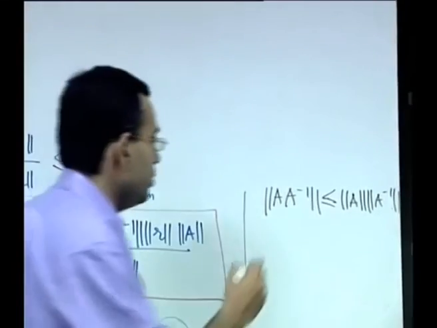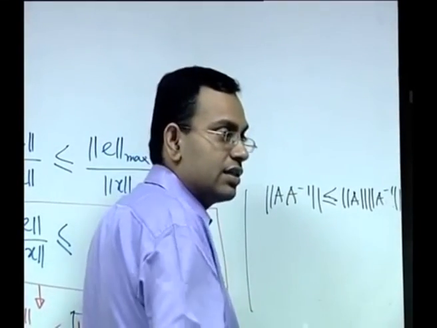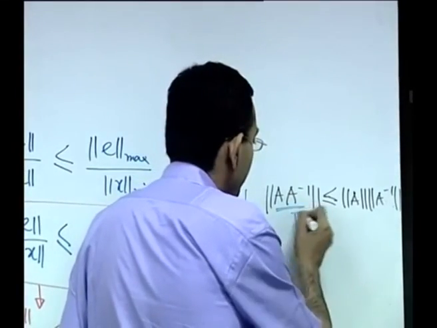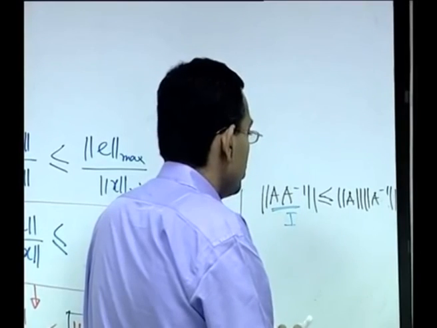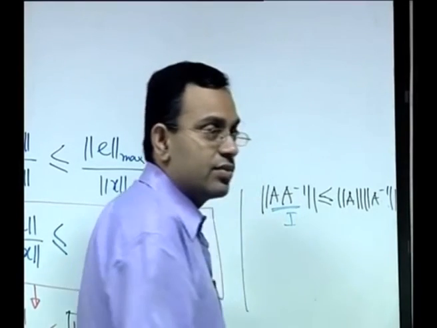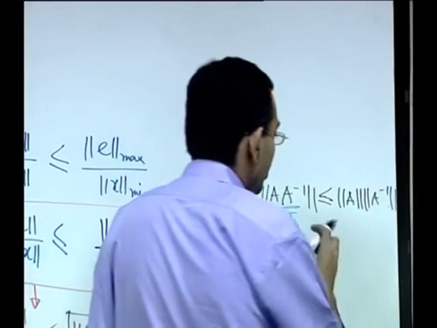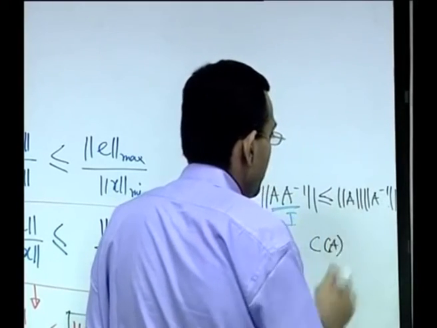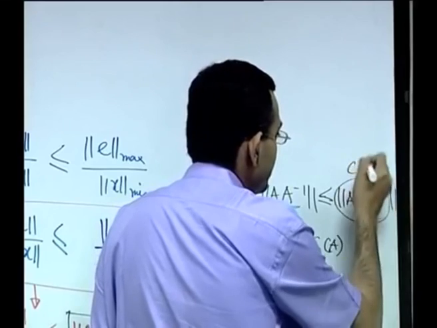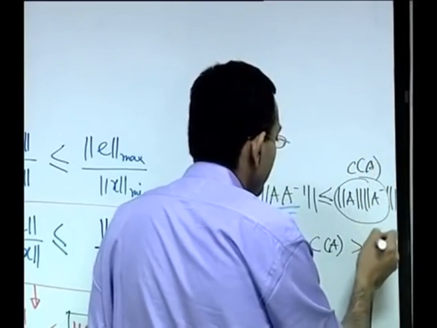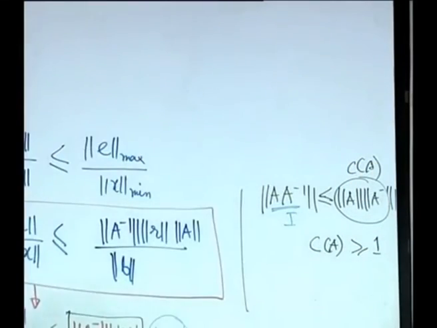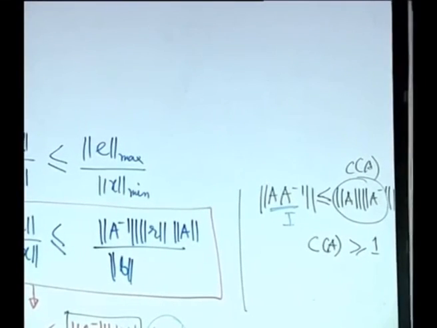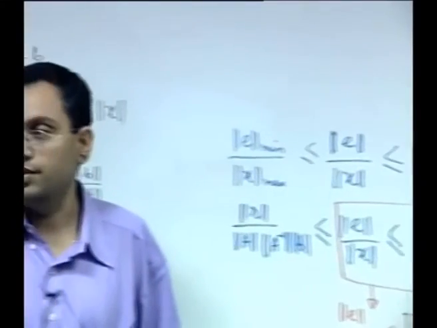Remember, A into A inverse is I, the identity matrix of the same order, and norm of that is 1. So, the condition number of the matrix, C of A, is greater than or equal to 1. The closer to 1 the better; the further away from 1, the worse it is in terms of magnifying the error.